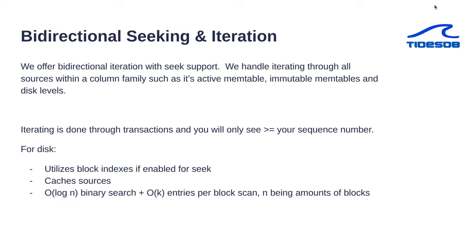Instead of sequentially seeking to where the key or the prefix might be, we utilize the block indexes, and the block indexes help us do an O(log n) search for that specific block to set all the source SSTables to the correct block before starting iteration.